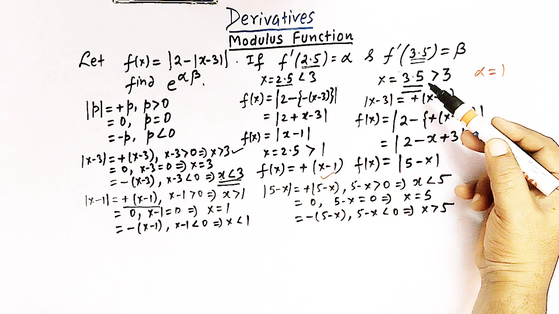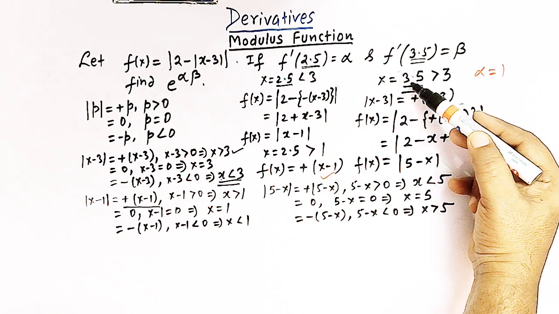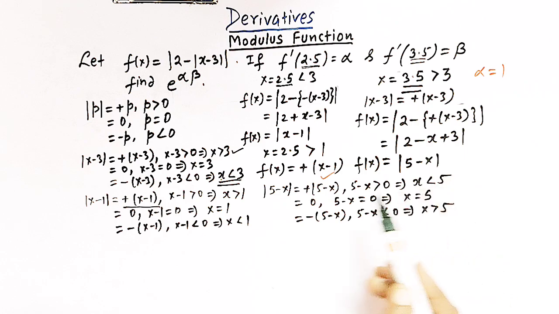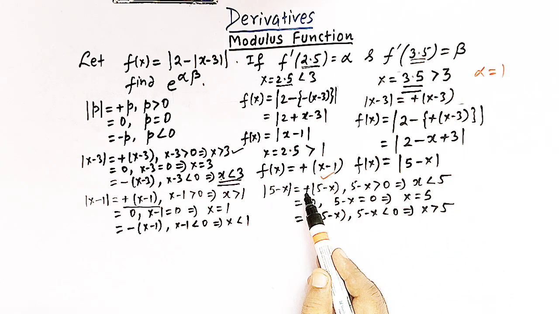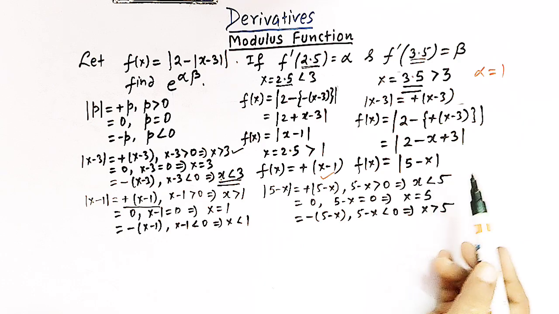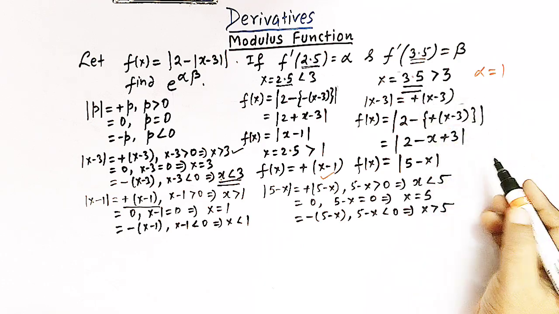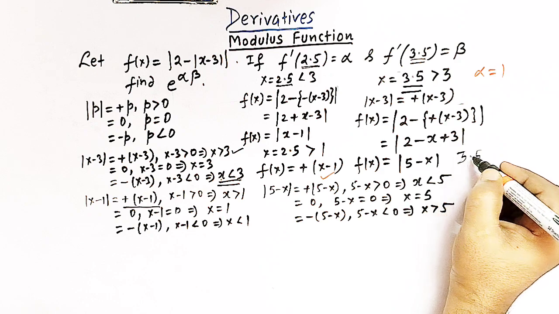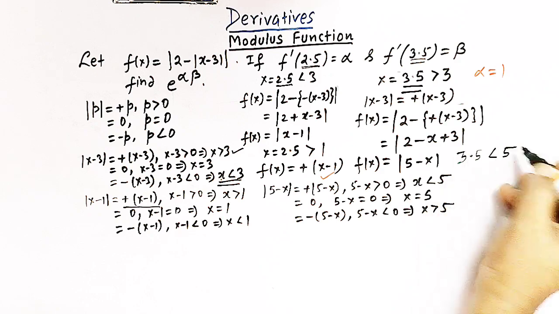So now here our point of consideration is 3.5, right? And mod of 5 minus x is defined as positive 5 minus x when x is less than 5, and x is 3.5, and 3.5 is obviously less than 5, right?